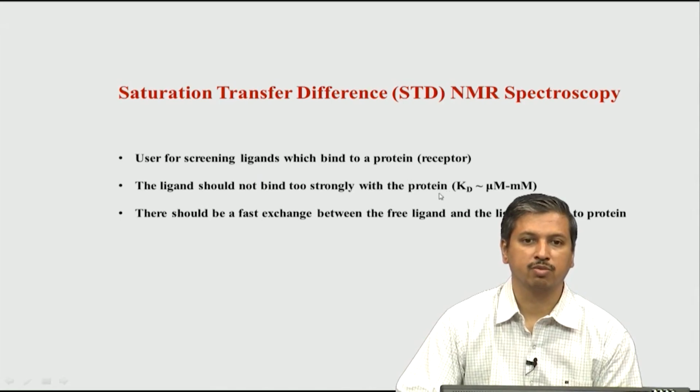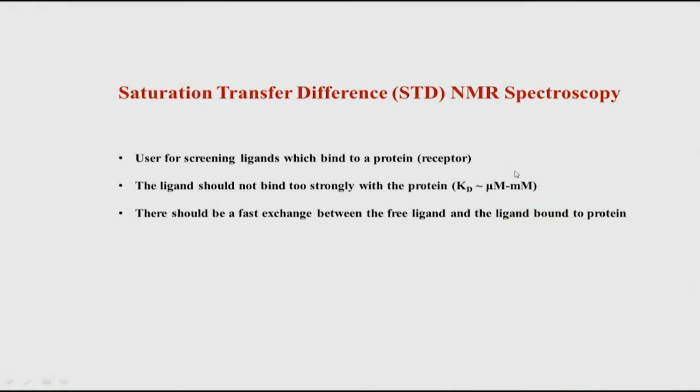This method is typically used when the dissociation constant, which in ligand-protein interactions we always use to characterize the affinity of binding, is in the range of micromolar to millimolar. So, you see this is a weak binding.